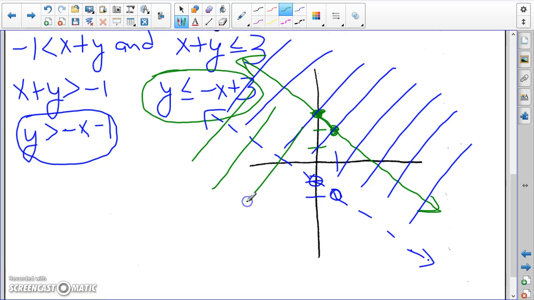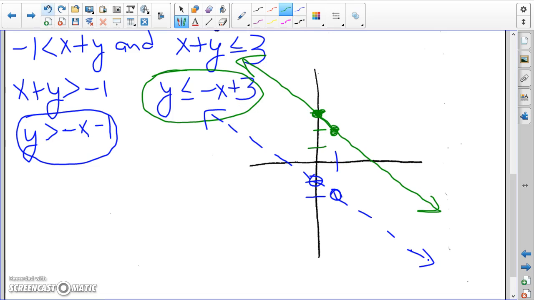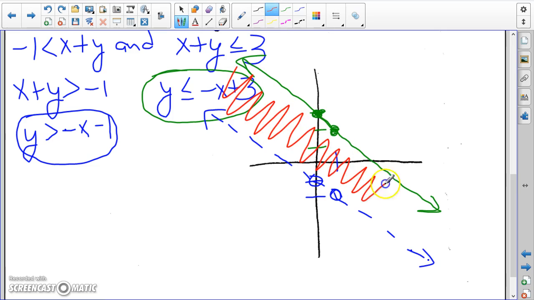So that would be all this region. So as far as I can tell, the part in between them is where they are both hitting each other. They're both intersecting. So let me go back here, clear out the shading, and go ahead and show you where the solution is using red. That would be the part in between. So that should be the part that satisfies both.